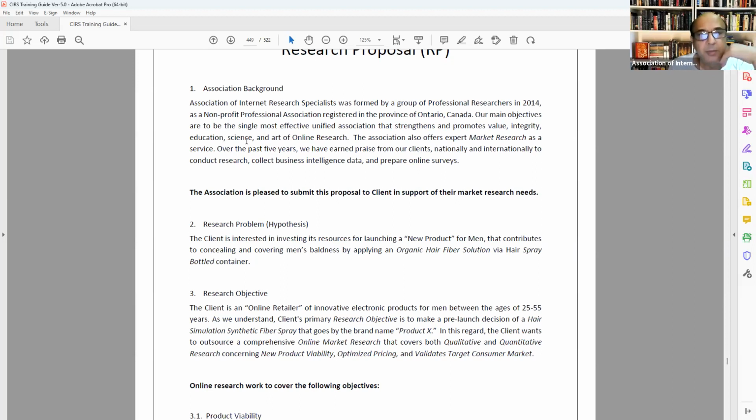Then in the beginning, you're giving a background about your company. You are going to talk about the research problem, because remember, the client is not really an expert in writing RFQs or request for quotes.